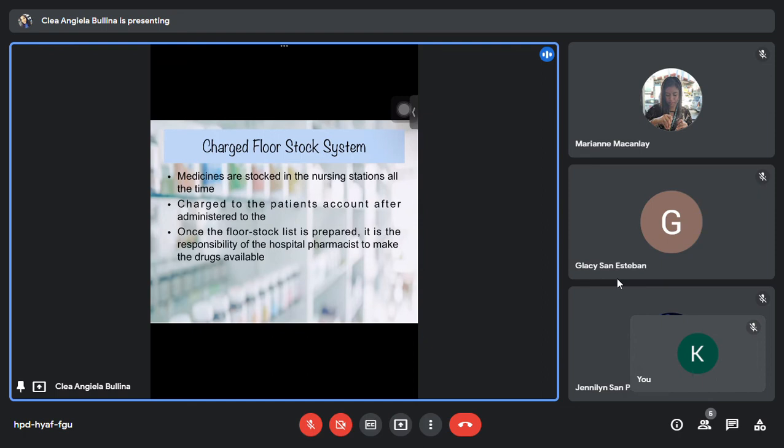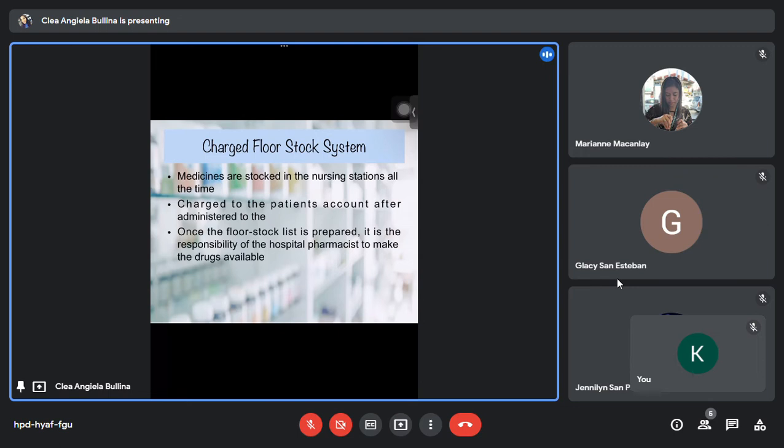The method ng charged floor stock system, yung drugs are stocked in the nursing stations. Okay? So, the medicines are stocked in the nursing stations all the time. And it is charged to the patient's account after it is administered to them. Okay?